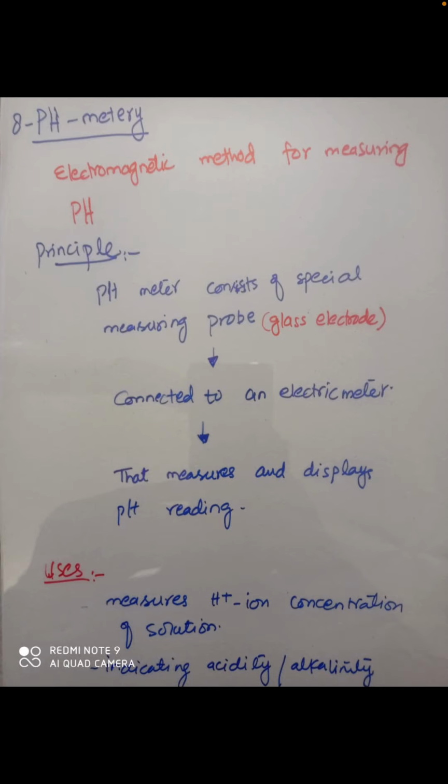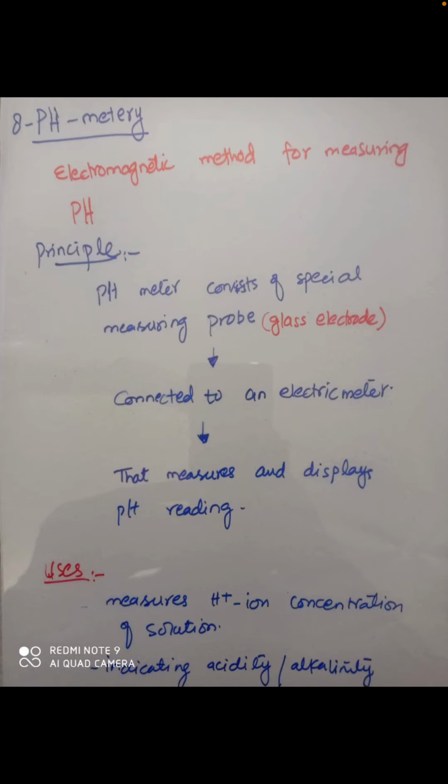Then it measures and displays the pH reading on the instrument. So this pH meter is the electromagnetic method for measuring the pH. In this technique, pH meter consists of a special measuring probe, which is the glass electrode. When we dip this glass electrode into a solution, it will detect or measure the hydrogen ion concentration of the solution, and then this glass electrode is connected to an electric meter.